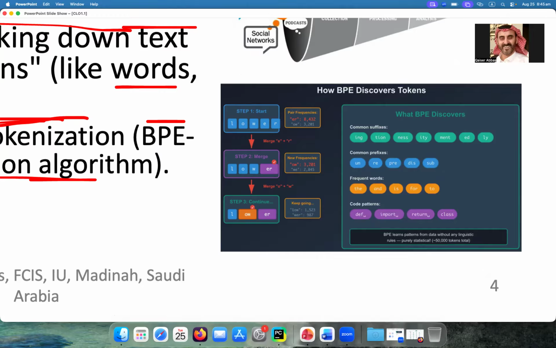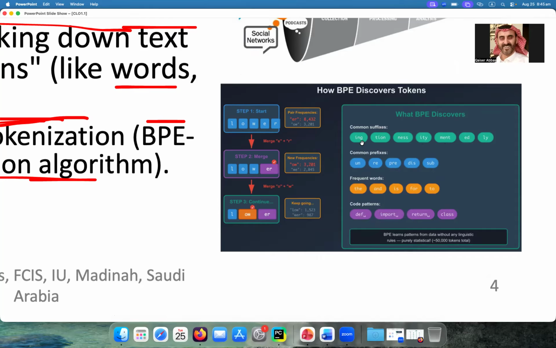This algorithm can detect suffixes, prefixes, frequent words, or code patterns from your corpus without any rules. It will do it automatically. What are suffixes? In English, some things come at the end of a word, for example, ing, as in playing. These forms are called suffixes.